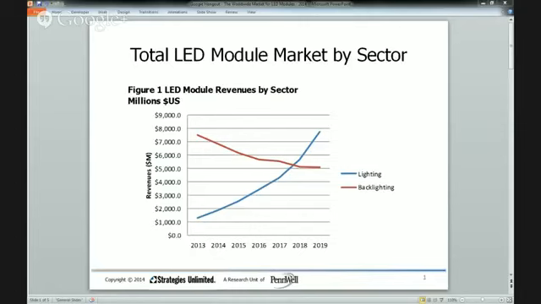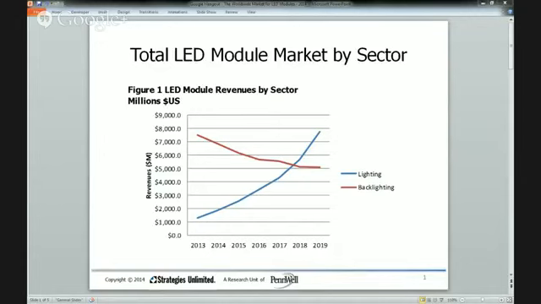On the backlighting side, that means shipments of TVs, notebooks, monitors, tablets, phones, video walls, and on the lighting side, LED lamps and LED luminaires. Then we used the penetration of these that use LED modules, accounting for different levels of integration, and compared that with the LED revenue per device. This was used to build up this total market figure.